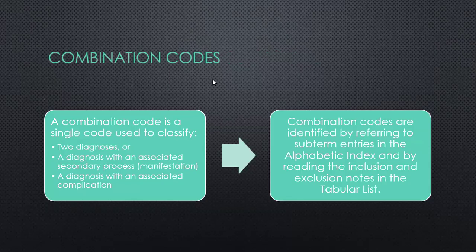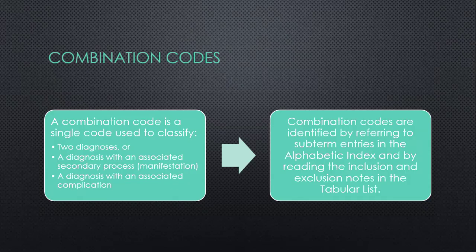So, combination codes. Okay, this is a single code that is used to classify two diagnosis codes or a diagnosis code with an associated secondary process. This is considered a manifestation. Okay, so it can also be a diagnosis with an associated complication.